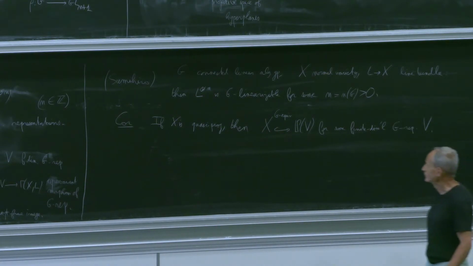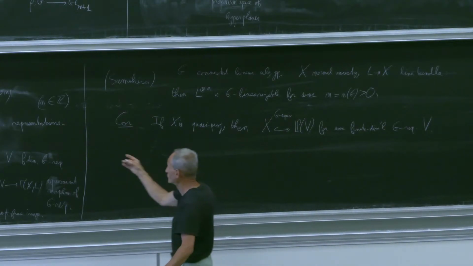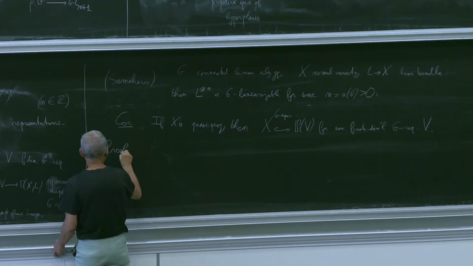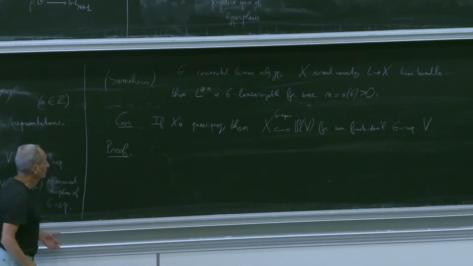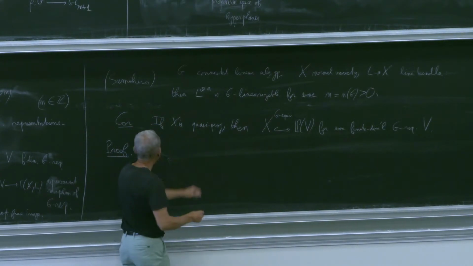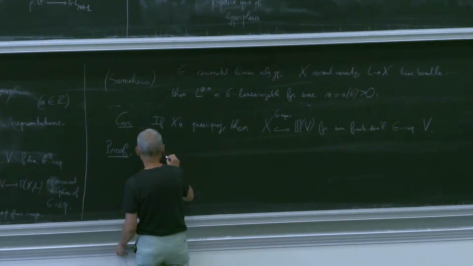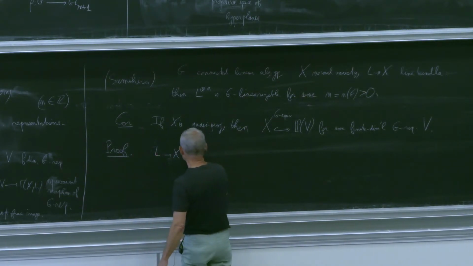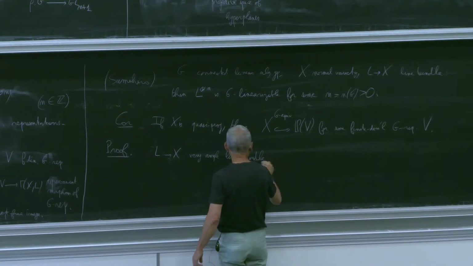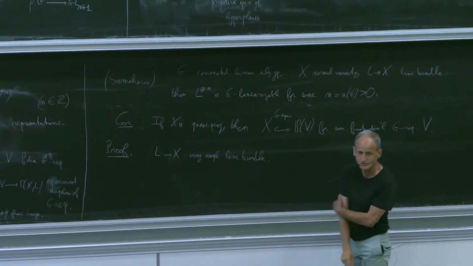So how does this follow? Well, you can put all these small pieces together, basically. First of all, X being quasi-projective has some ample line bundle, maybe very ample. By definition, this exists.